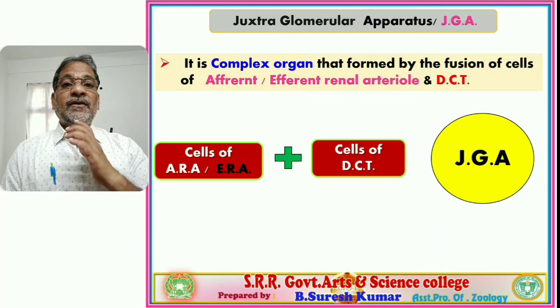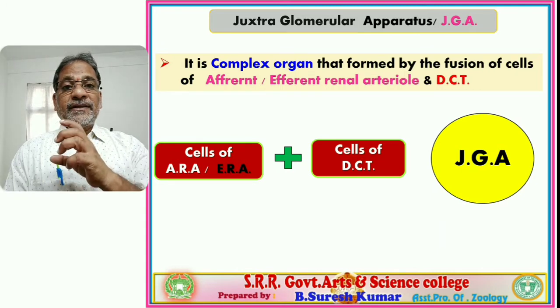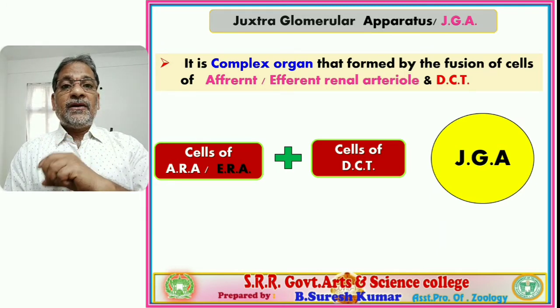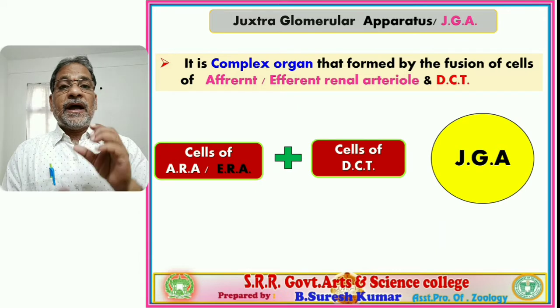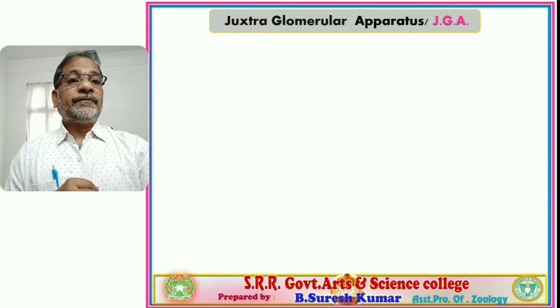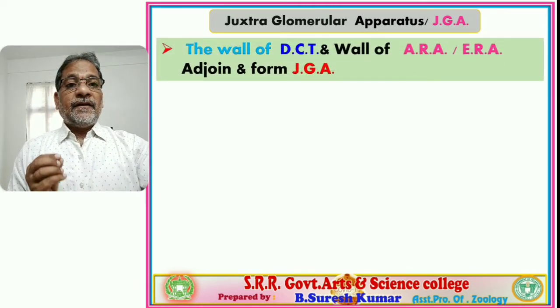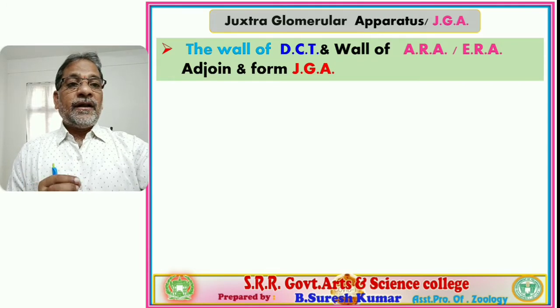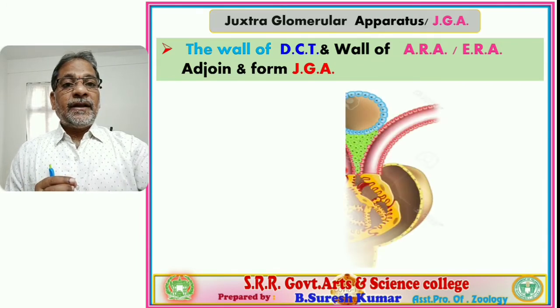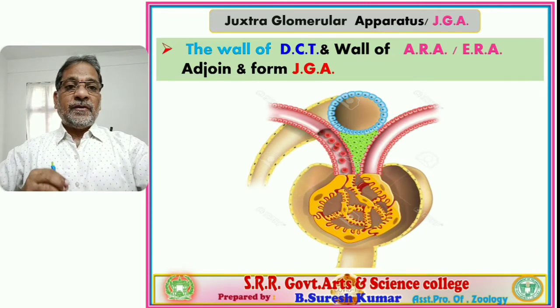So the structures involved in the juxtaglomerular apparatus are the afferent renal arteriole, the efferent renal arteriole, and the DCT. Follow? Right. Next, in the juxtaglomerular apparatus, the wall of the DCT and the wall of the afferent and efferent renal arterioles are joined to form the juxtaglomerular apparatus.